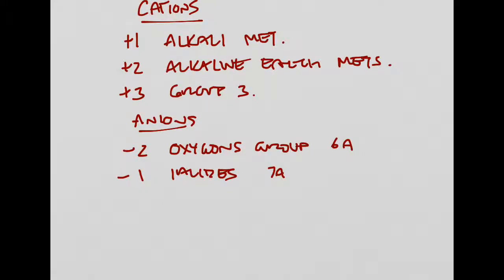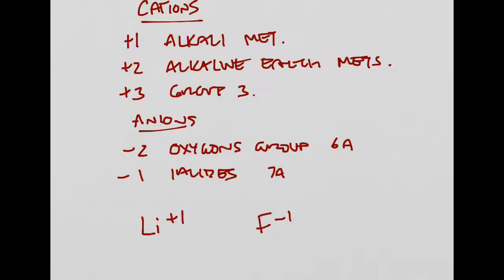Let's go to the simplest ones and start with lithium. Lithium forms a +1 ion, and then we'll go all the way to the other side of the periodic table and take fluorine, which creates a -1 ion.